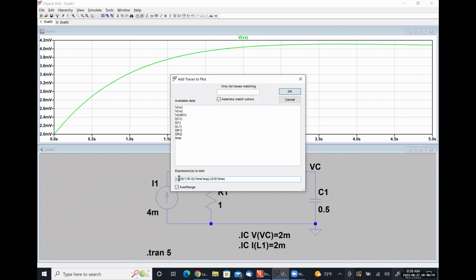Actually, that should be positive. Minus 2e to the -3 times exp -2/3 time plus 4e to the -3.